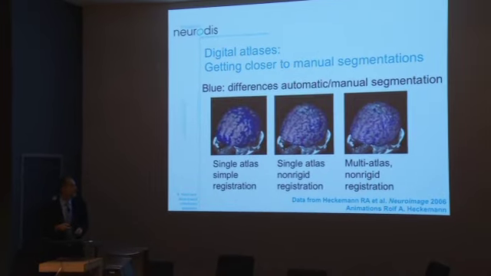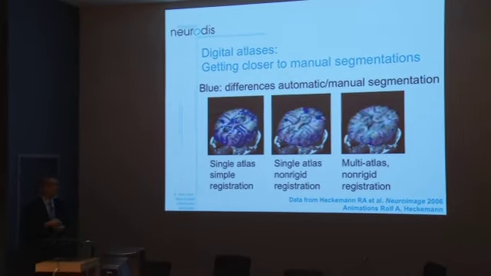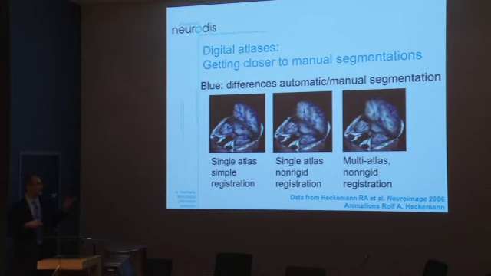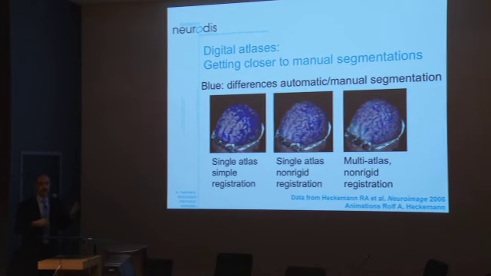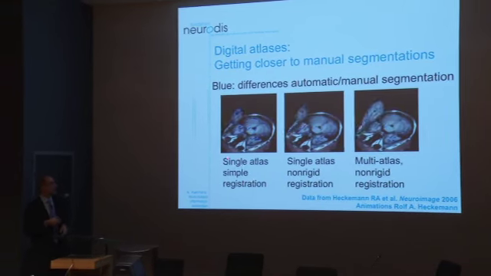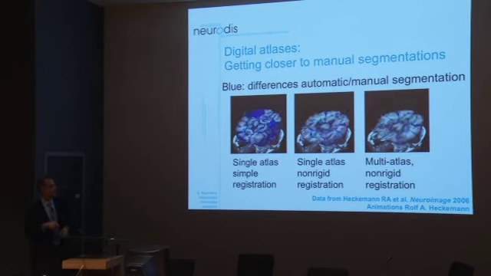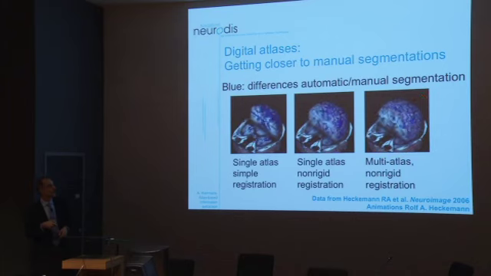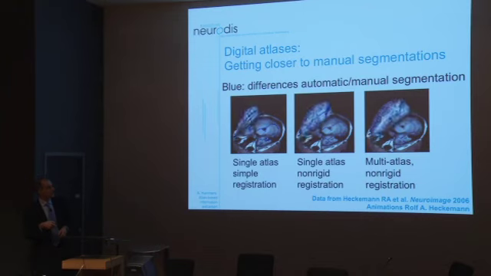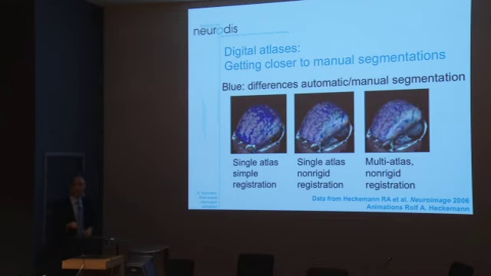So when you look at the performance, these blue dots mean the difference between manual and automatic labeling, and you can see that from the single atlas to the single atlas with a better registration method to the multi-atlas better registration method, the differences decrease and become fairly minor, really.